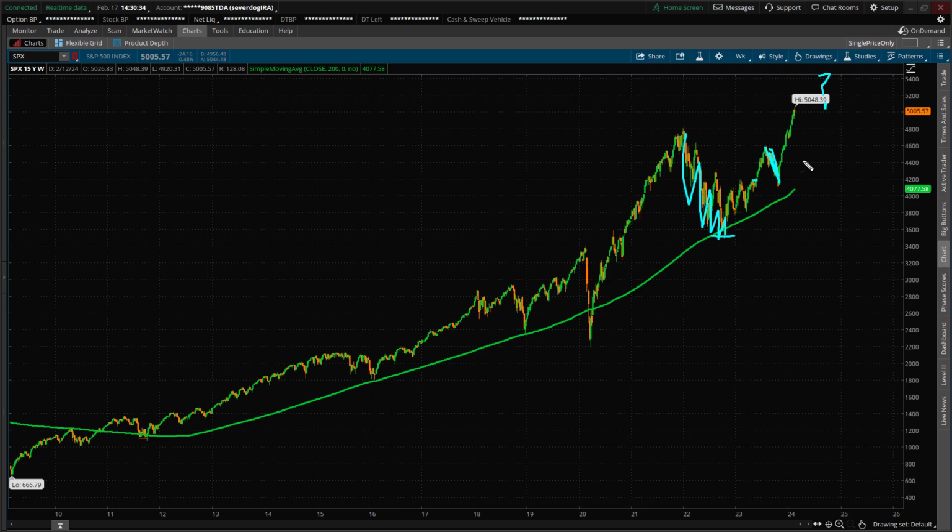It's kind of funny when you step back and look at the analyst community, because every year they wrap themselves around the axle trying to figure out what the S&P 500 is going to be at the end of the year, and they always get it wrong. What I'm here to do is not to predict the future. I'm going to show you a couple of different analysis techniques for projecting what a possible price level might be based on price behavior in the past.